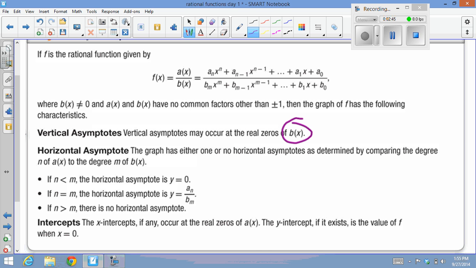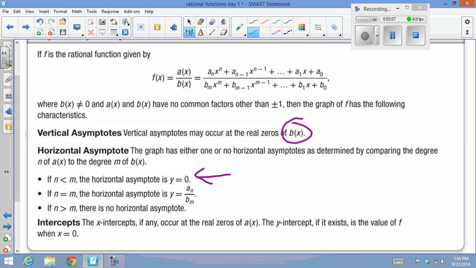When I have a horizontal asymptote, that's going to be a little bit different, a little more in depth than what I just said. So notice that I have n is less than m. N is less than m means the degree of the top is smaller than the degree of the bottom. When the top is smaller than the bottom, then y equals 0 is the equation of my asymptote.